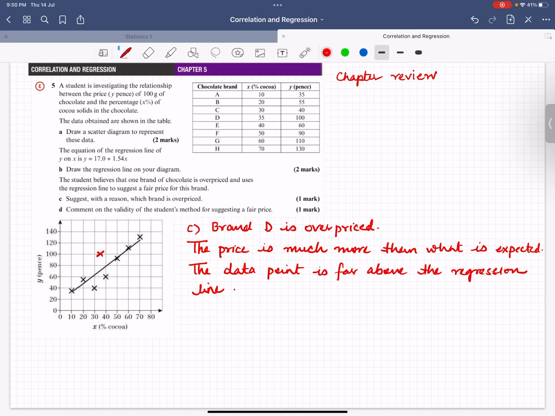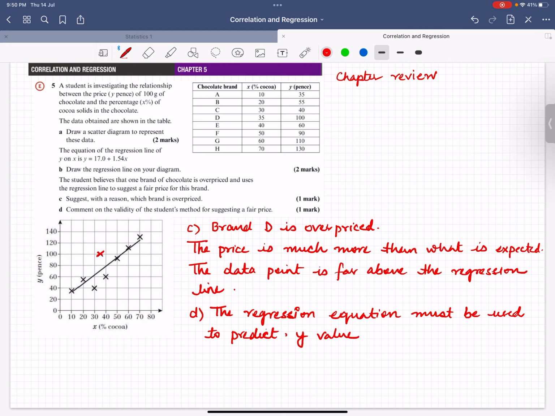So we can write the regression equation must be used to predict a y value given value of x.